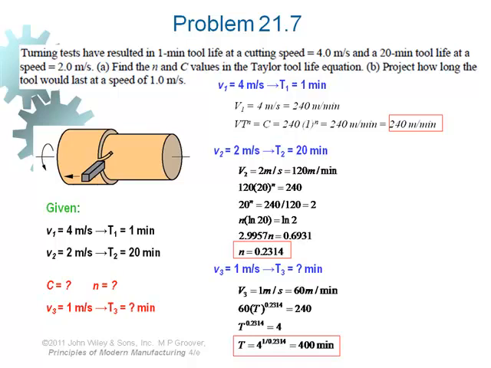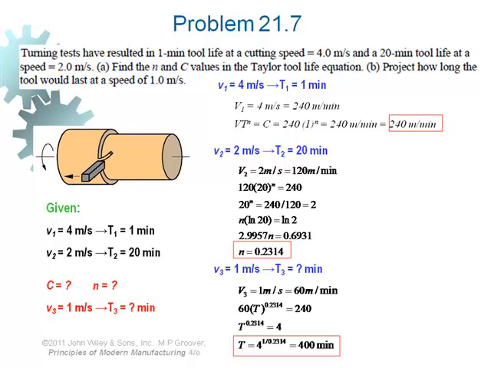And the last part of the problem, having N and C at hand, we have to compute the value of T for a cutting speed of 1 meter per second. First, convert it into meters per minute. Once this is done, which is equal to 60 meters per minute, substitute the value of V in Taylor's equation.